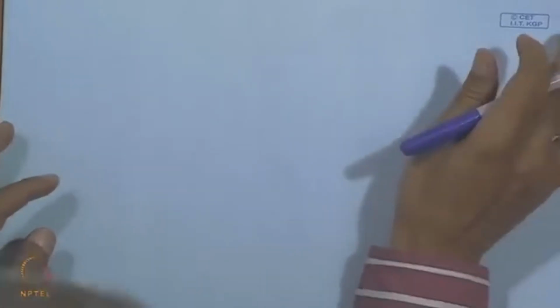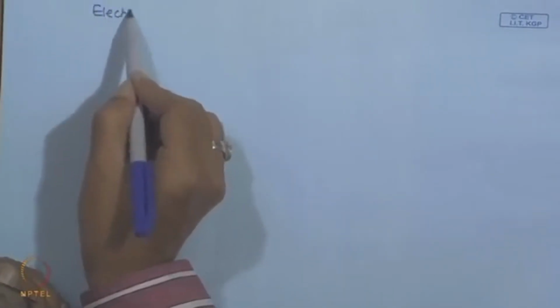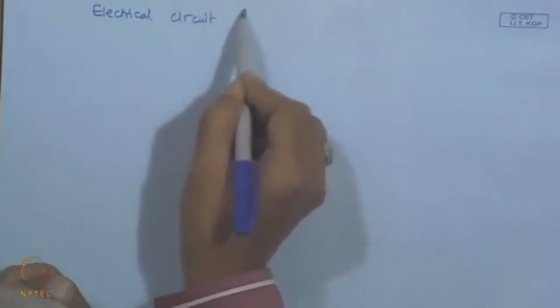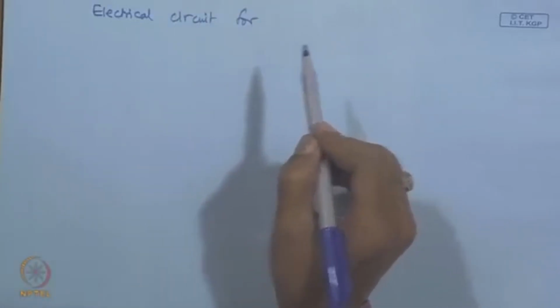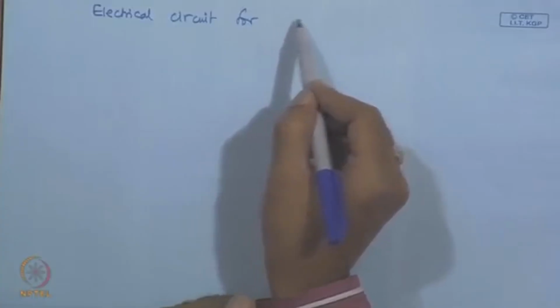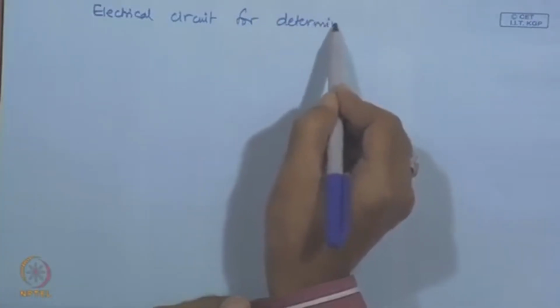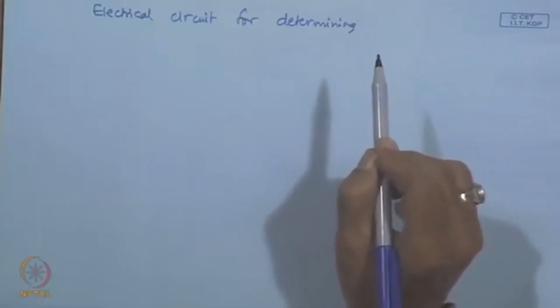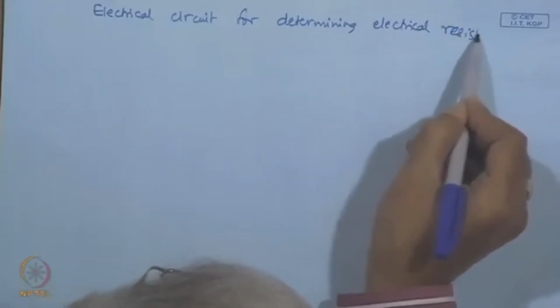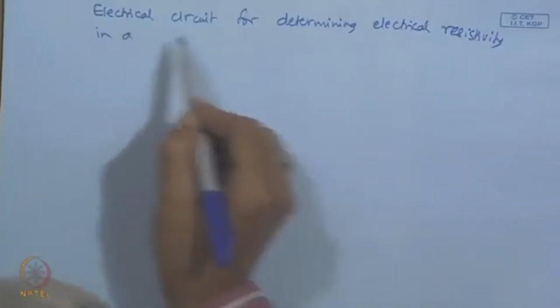Now, let us go to the electrical circuit for determining electrical resistivity in a homogeneous formation.